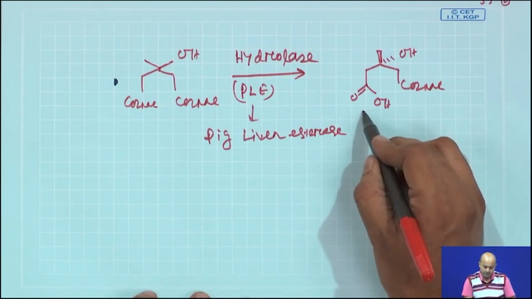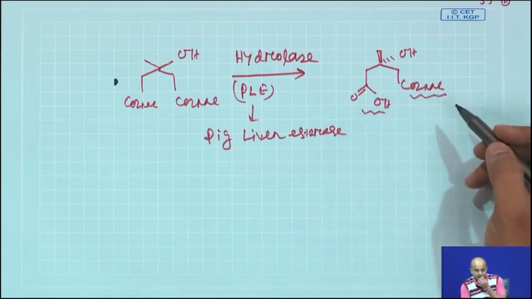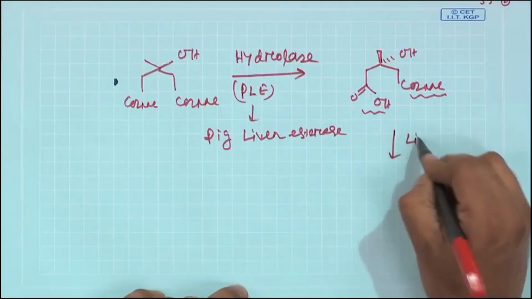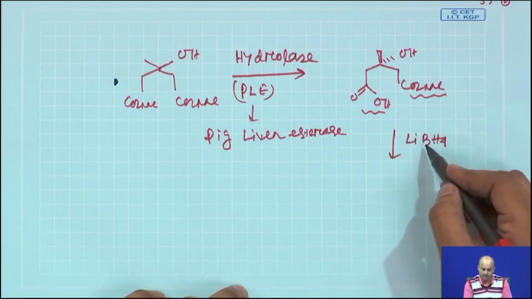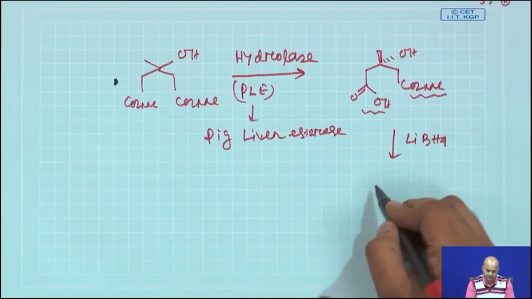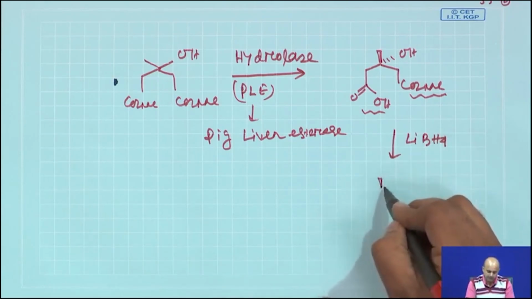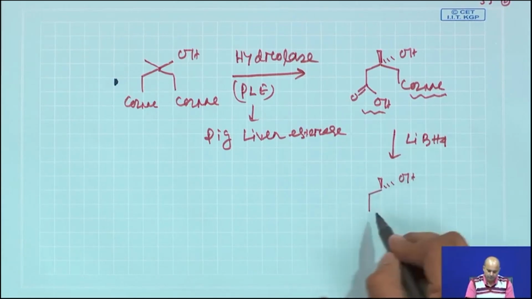You have a carboxylic acid here and a carboxylic ester here. Both have a slightly different reactivity pattern. In the initial case, you react with a borohydride like lithium borohydride. Borohydrides are milder reducing agents and are normally known to reduce the ester group, not the acid.